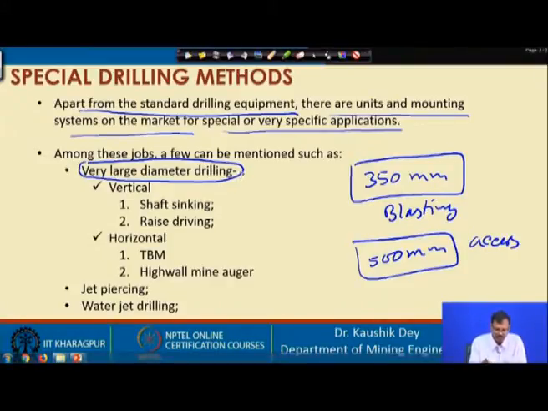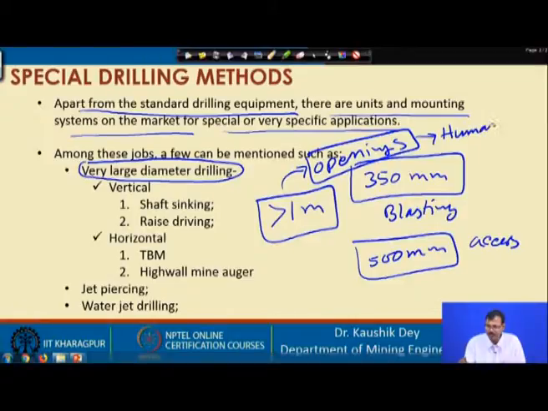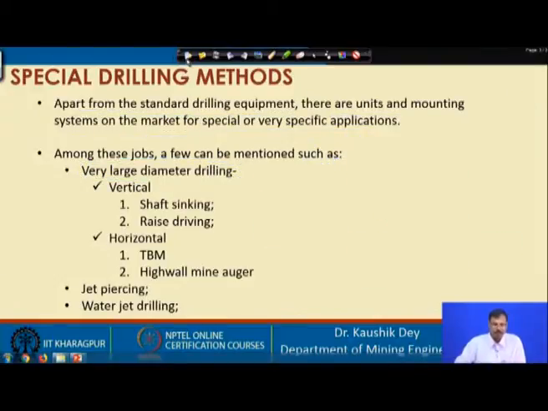But these very large diameter drillings are most of the time greater than 1 meter diameter, and this drilling creates basically the openings. These openings are used for human access, and that is why these large diameter drillings are carried out in the in situ condition, so that they can be used as the access.